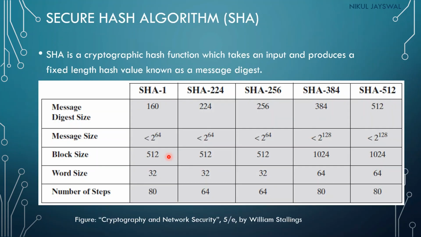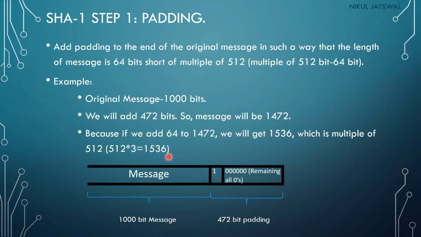If the message is not a multiple of 512 bits, we will add some fake bits to make the message a multiple of 512 bits. That is called padding. So add padding to the end of the original message in such a way that the length of the message is 64 bits short of a multiple of 512.